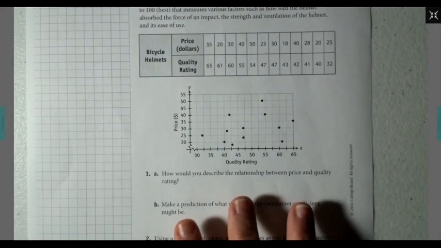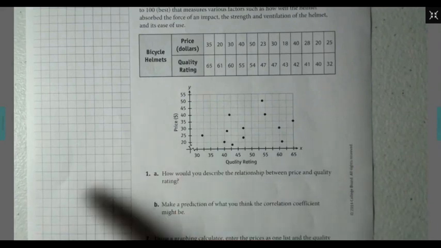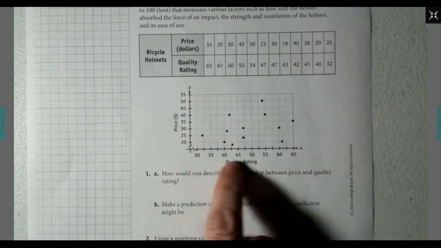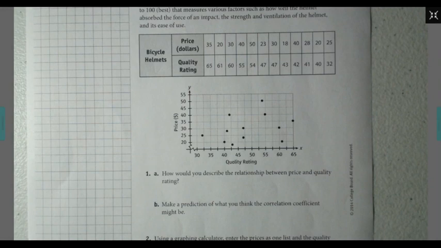They also gave us a table here that covers both the quality rating across the x-axis and our price along the y-axis. We're going to be splitting this lesson into 2 separate chunks, and the first chunk contains questions 1, 2, and 3.